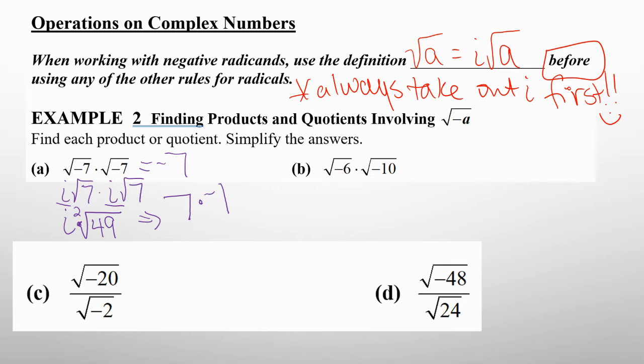Letter B. i times the square root of 6, i times the square root of 10. i times i is i squared. 6 times 10 is 60. So if we're simplifying, that's 2 times 2 times 3 times 5.